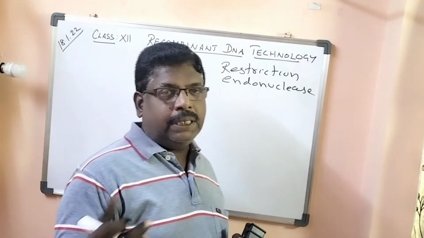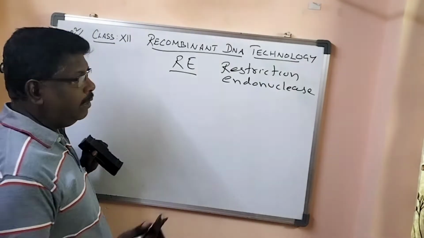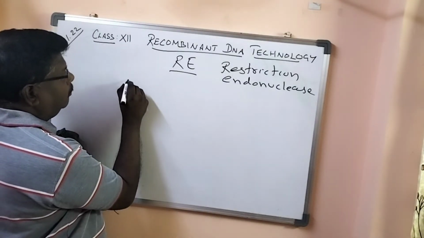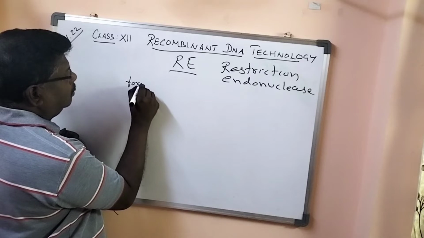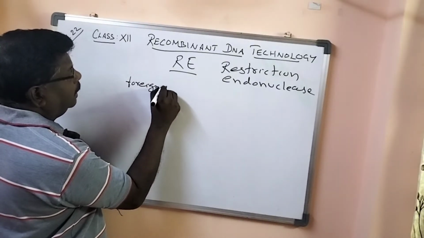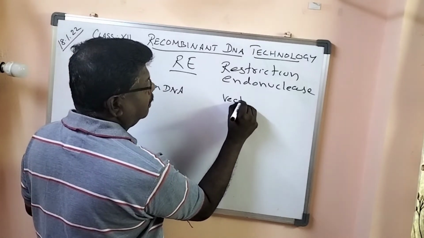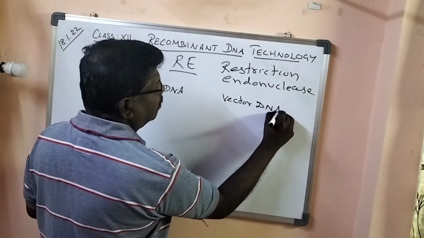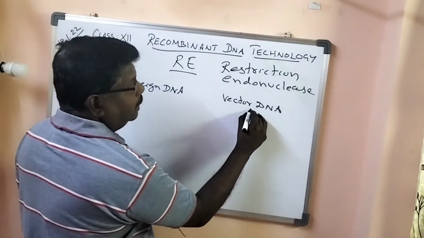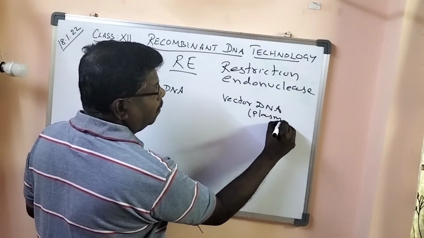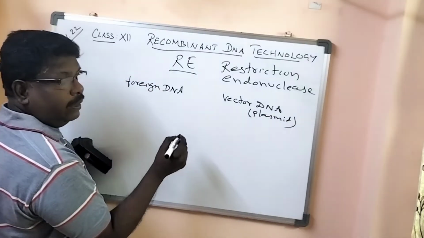Now a schematic representation of how rDNA is formed. This is the foreign DNA. This is the vector DNA, and the vector DNA will be a plasmid.